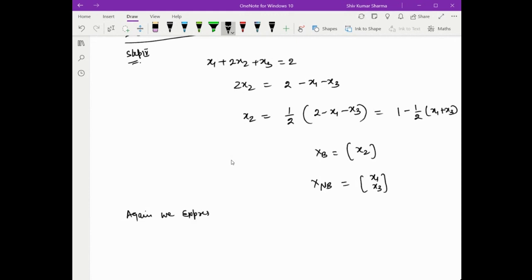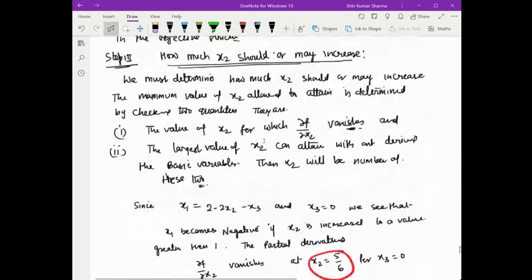So again we express z in terms of x1 and x3. So we see that z equals f(x1, x3), so we put in the value of x2.